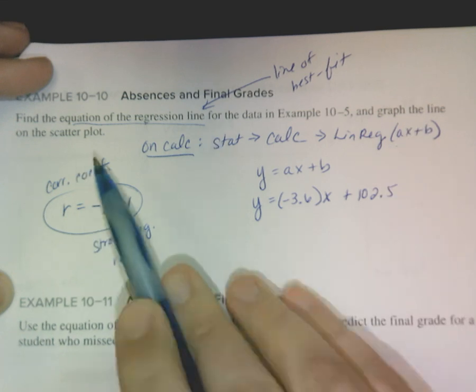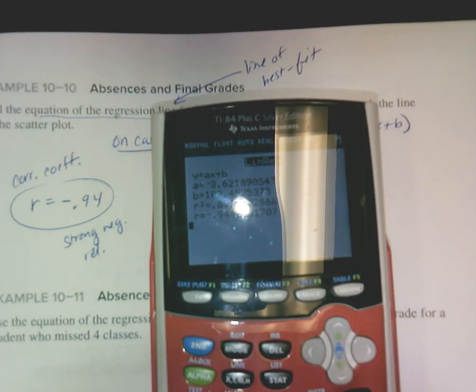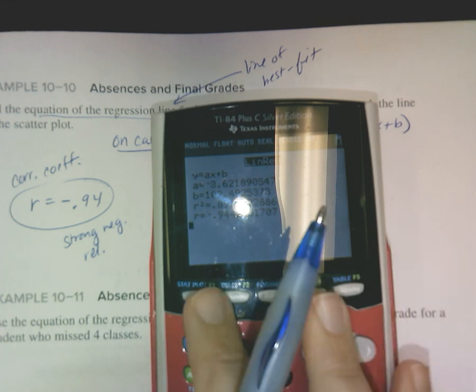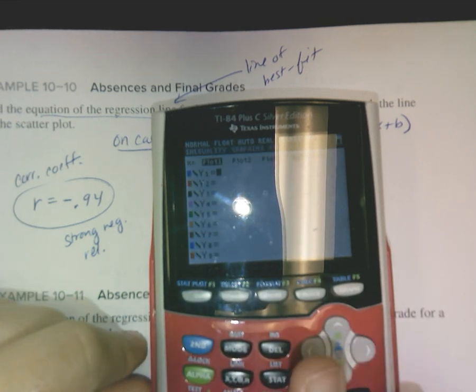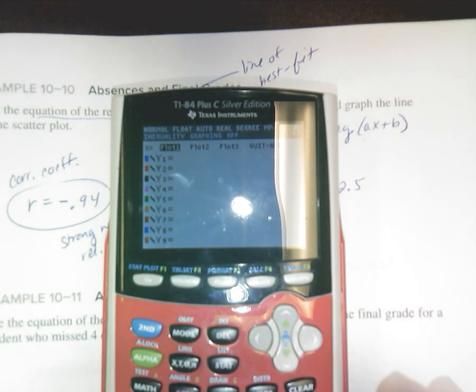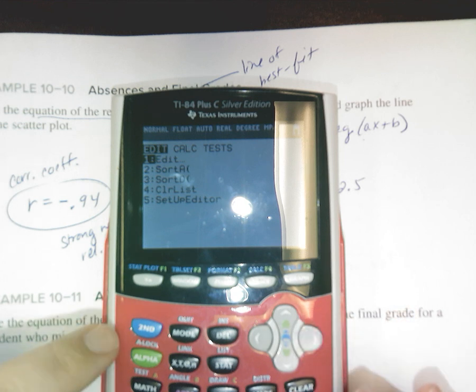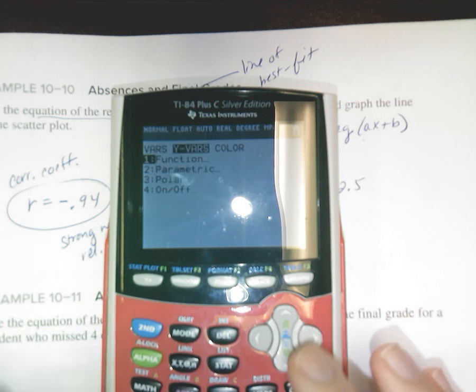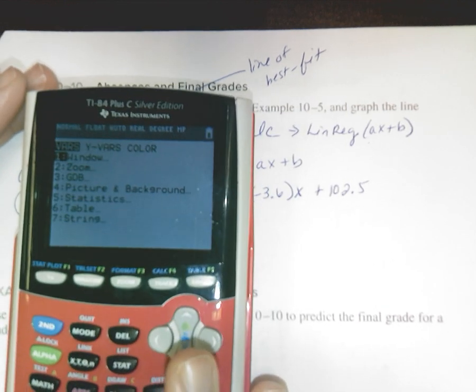We want to graph this line on the scatter plot. So you can do that, again, on your calculator. If you go to y equals, hit y equals, and then go to, I got to remember it. What is it, vars? No. Yes, it's vars. Sorry, I'm going to write this down.